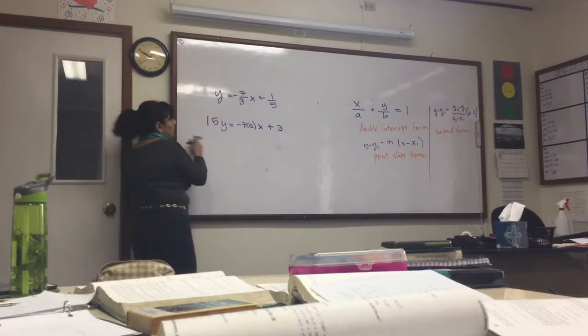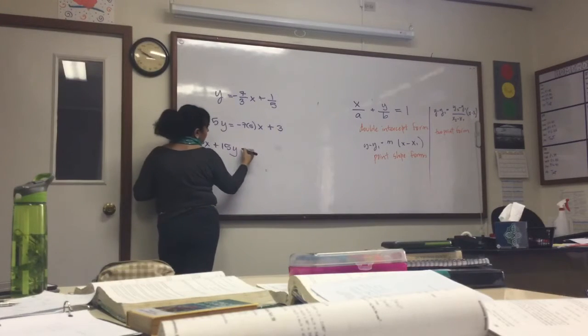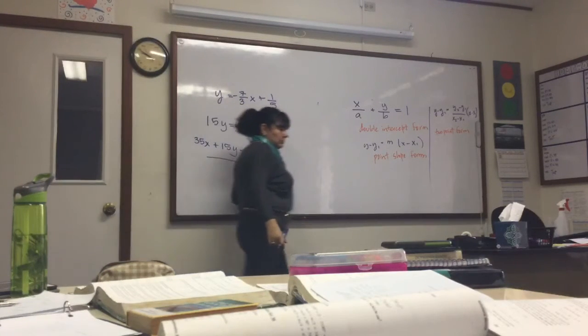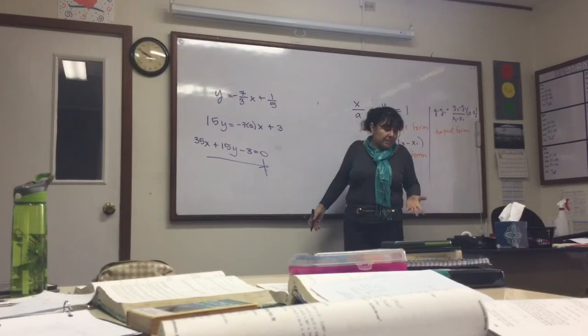And then you would pass this to the other side, so you've got 35x plus 15y minus 3 equals 0. There you go. That's the general form. That's simple. Questions? No.